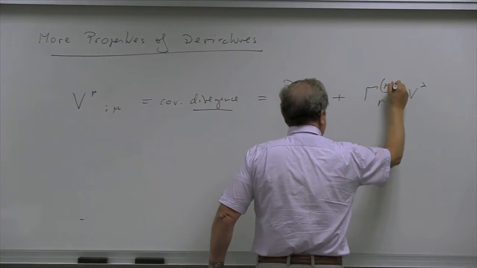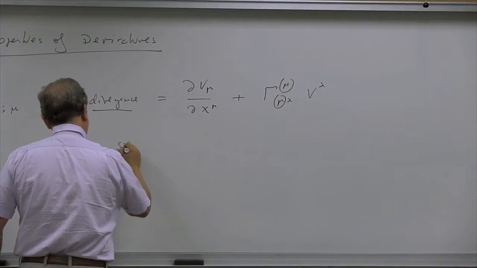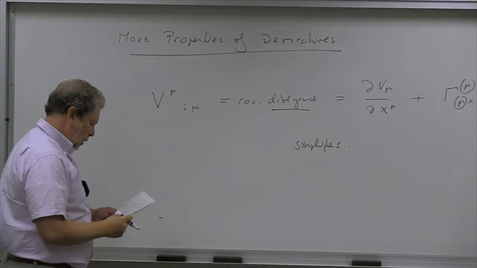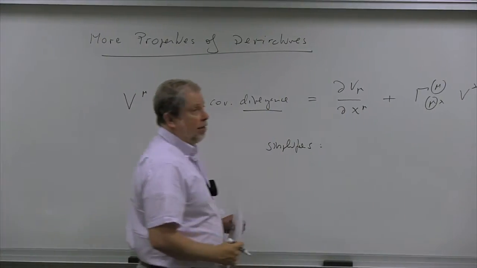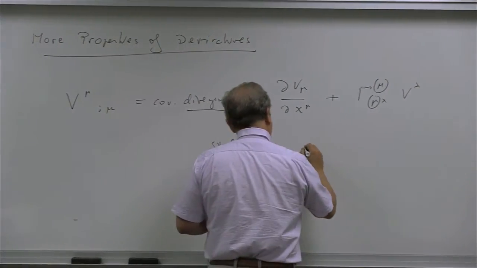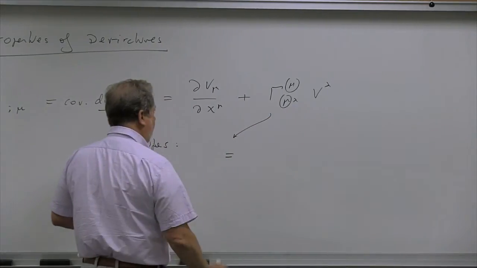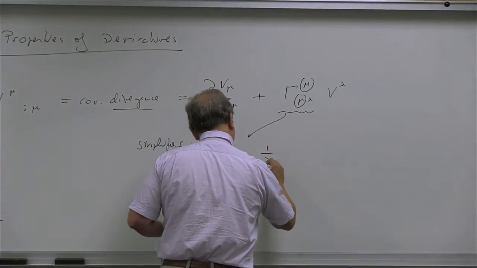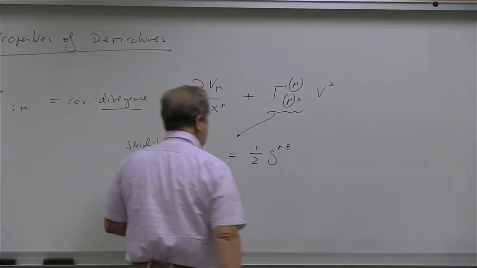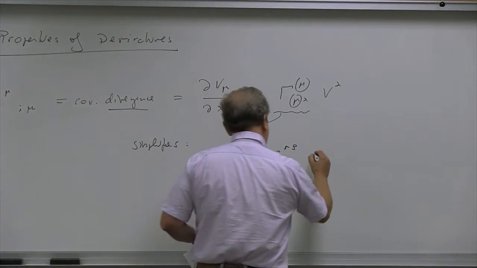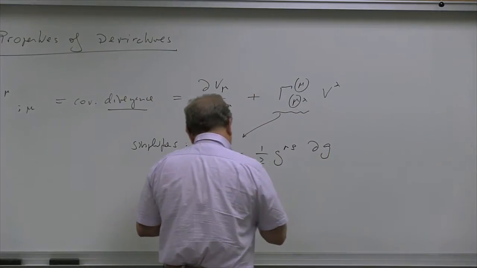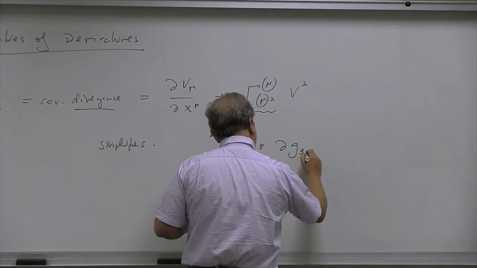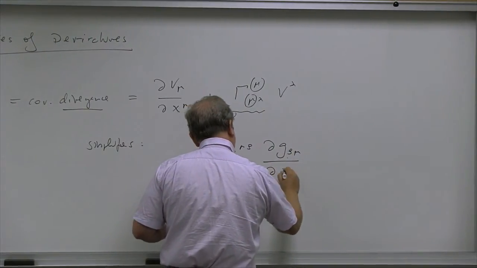Now, because the two indices are the same, this simplifies. You can look at the definition of the affine connection, and the gamma part itself is just equal to 1/2 g mu rho times one derivative of g, the derivative of g mu rho, or rho mu, with respect to x lambda, right?